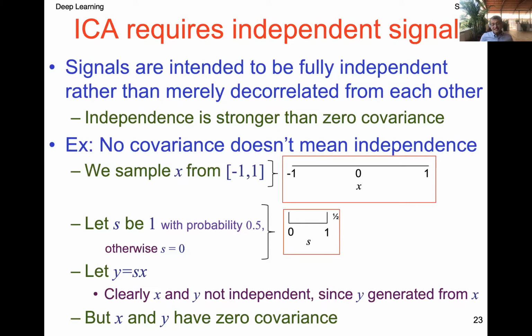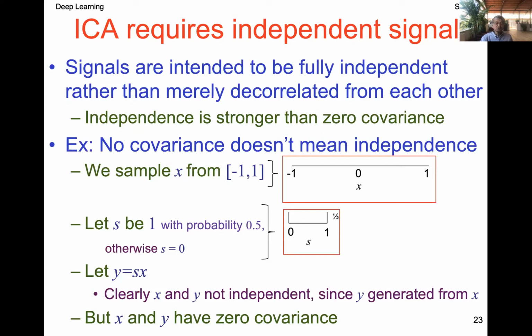Clearly x and y are not independent. y depends on x. y is generated from x. We take the value of x and generate the value of y. So we say that y and x are dependent on each other.